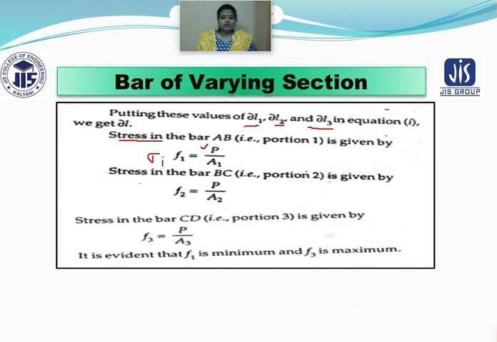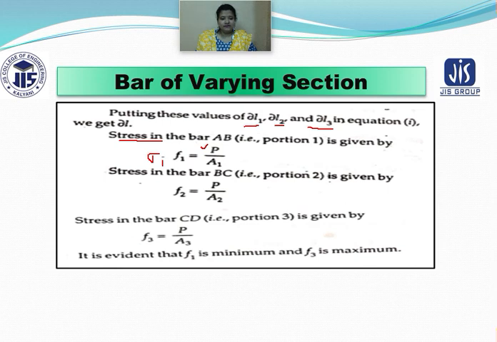You can also write the stress in the bar BC, that is portion 2, as F2, also denoted by sigma 2, equal to P by A2. And the stress in the bar CD, in portion 3, is given by F3, that is P by A3.